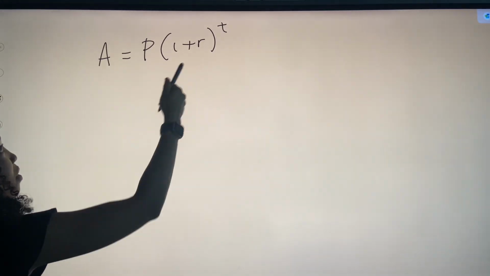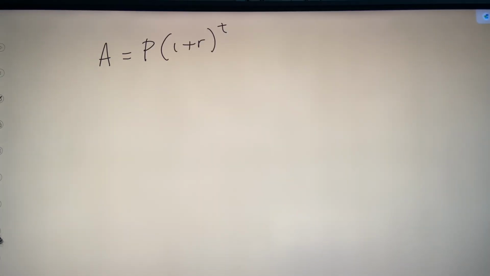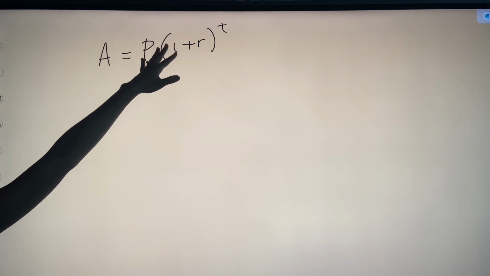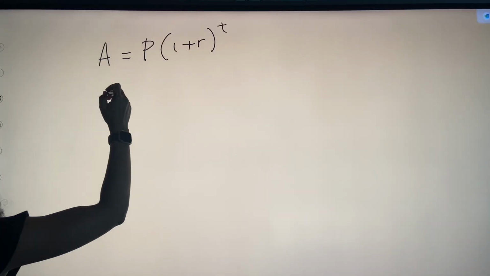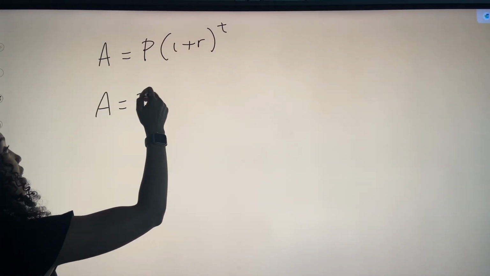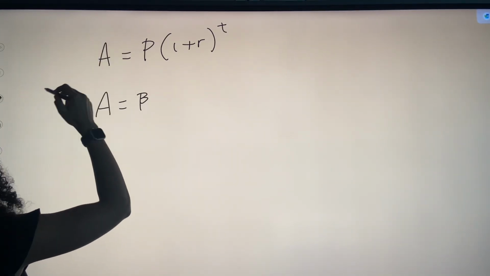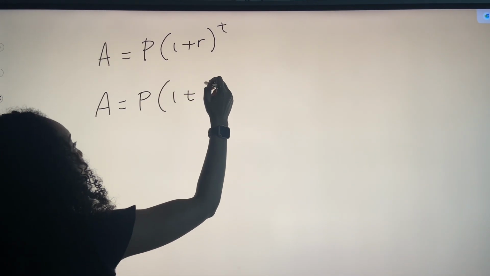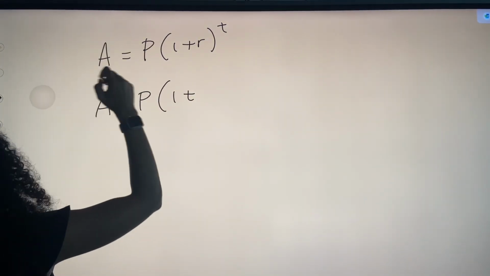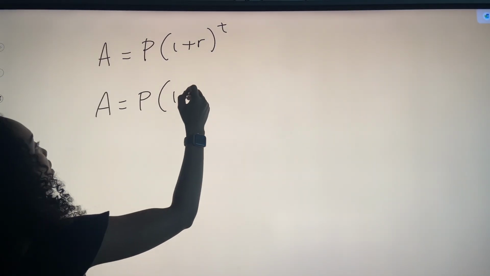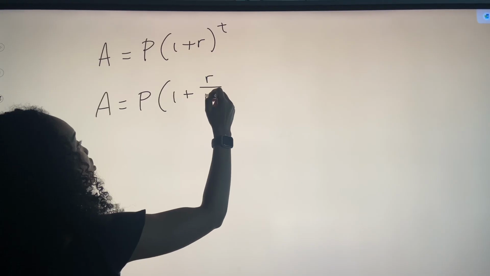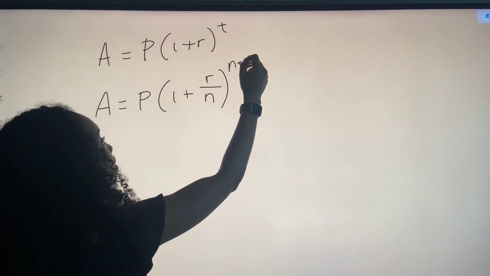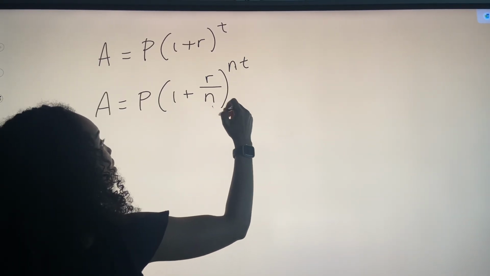So guys, just really quick, let me review the different formulas. This is just compounding annually. It's not daily, not monthly, not quarterly. This is just your basic growing function for interest rate. Now, if I say compounding and I give you the actual number of times that it's happening, say if it's quarterly, daily, that's that n value.